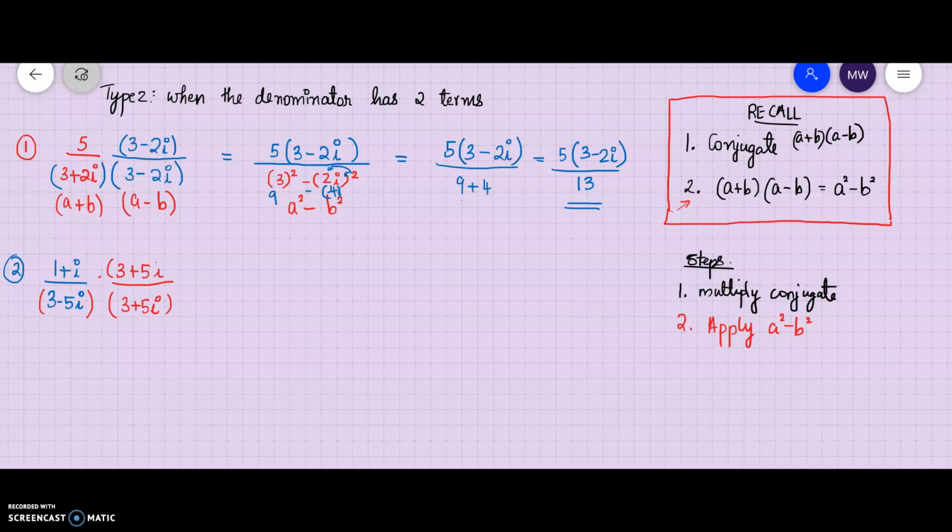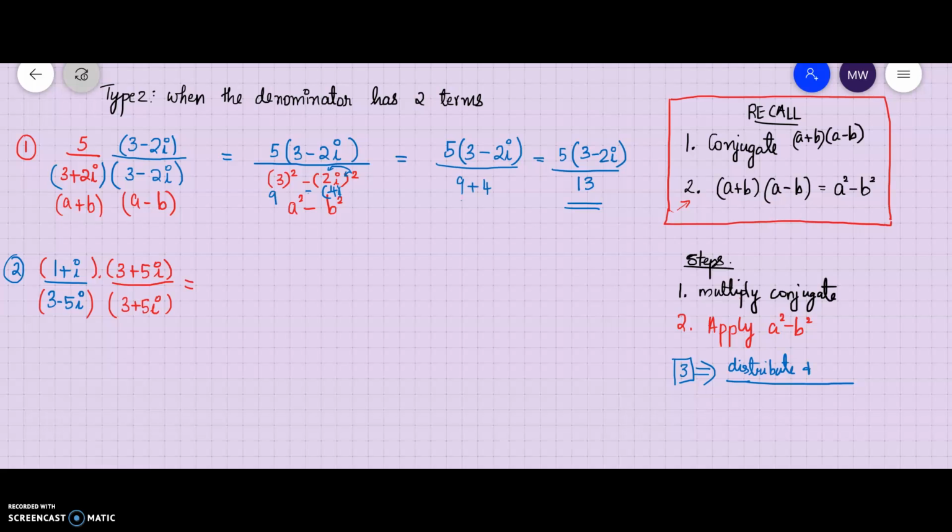So whatever is in the denominator, you got to take the conjugate of that and then multiply it up and down. So if you look at this in the numerator, now we have two terms. When you have two terms like that in the numerator, you can just distribute and multiply.